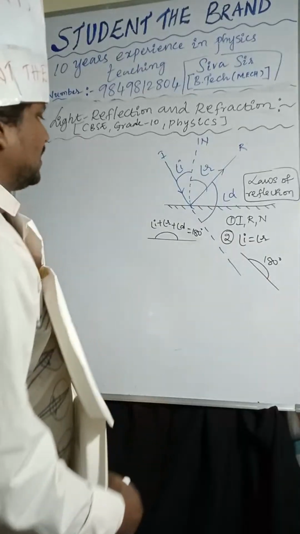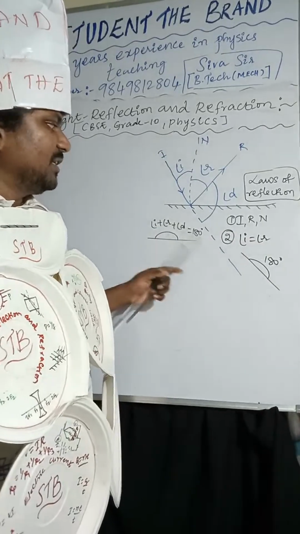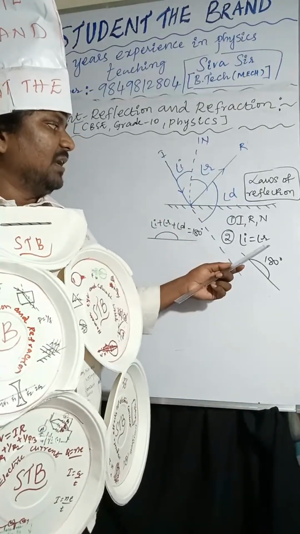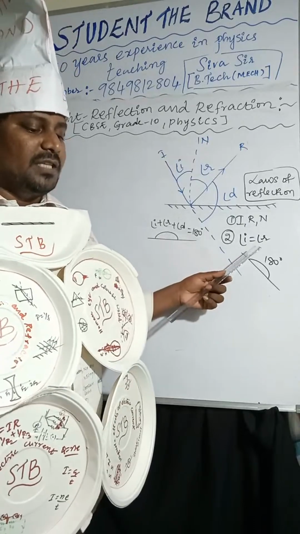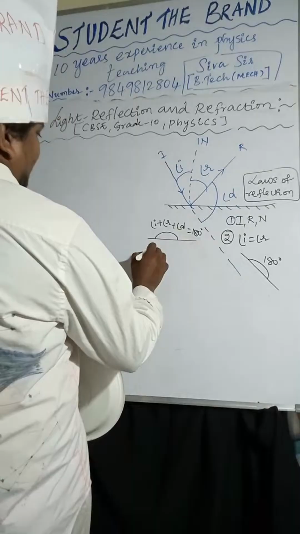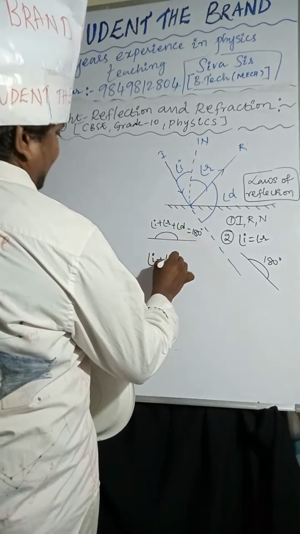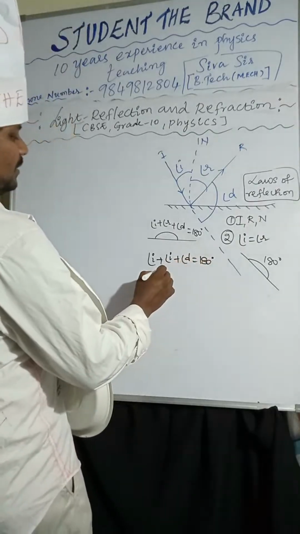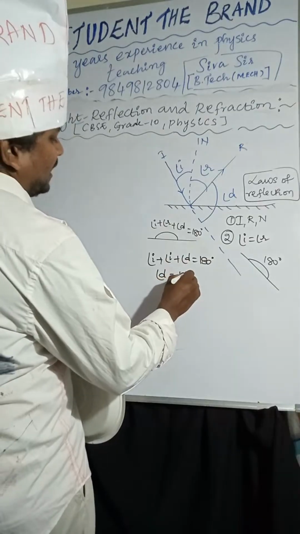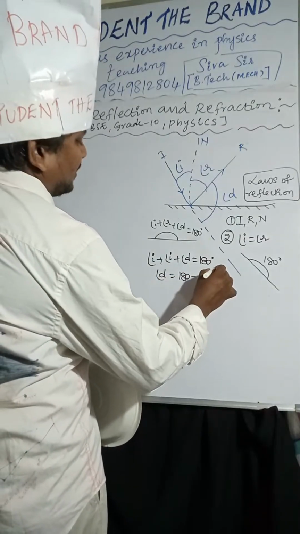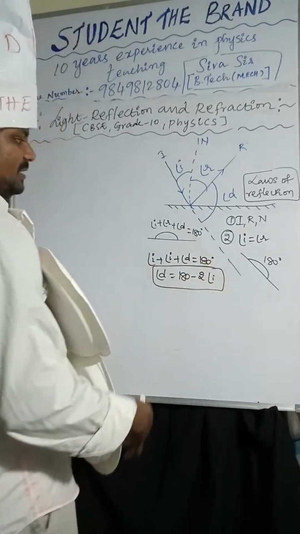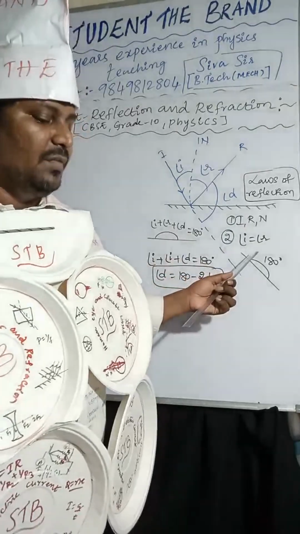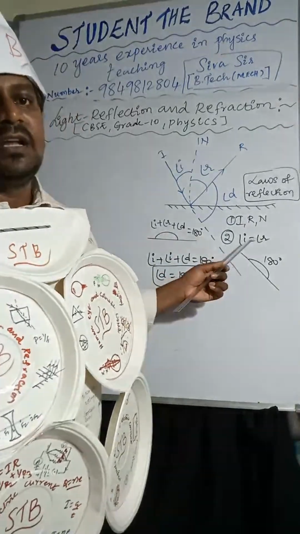From the law of reflection, in the place of the angle of reflection, we can write the angle of incidence. Substituting, the angle of incidence plus the angle of incidence plus the angle of deviation equals 180 degrees. So the angle of deviation equals 180 minus 2 times the angle of incidence.